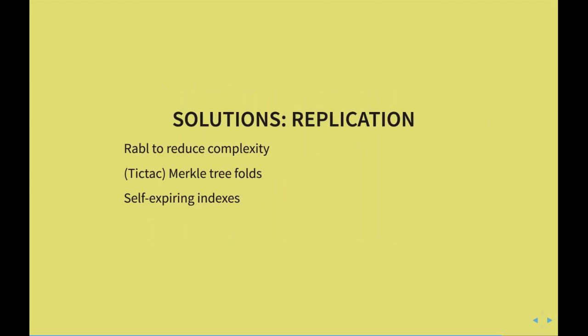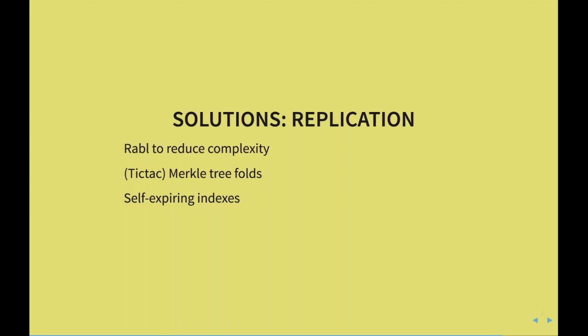So as mentioned, Russell Brown's work on Rabble, that's out there, and I think provides a less complex replication mechanism, and potentially using things like topic-based queues and multiple subscribers and this kind of stuff, it may well open up in a simpler way different replication approaches.